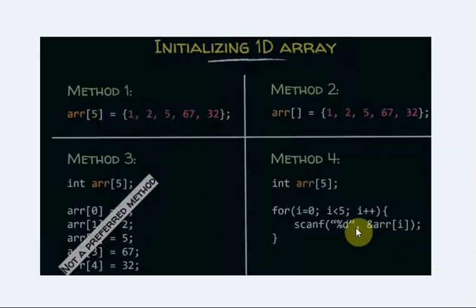After scanf, it is asking us to input a number. If you put 1, it goes here. Why? Here we are mentioning array index 0, then next becomes 1, then if you input 2, the 2 will be written here. So we need to clearly understand how these arrays are initialized, right?